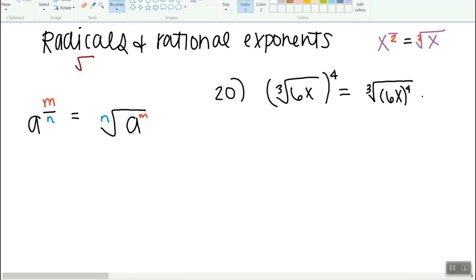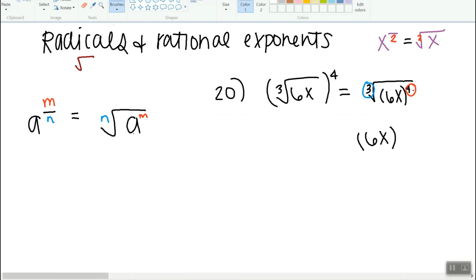Okay, and then I just need to remember that the number that's underneath is the numerator, the number on the outside is the denominator, and I just need to rewrite that in exponential form. The 6x is my base. And remember, because there is a coefficient, it's really important to write those parentheses.